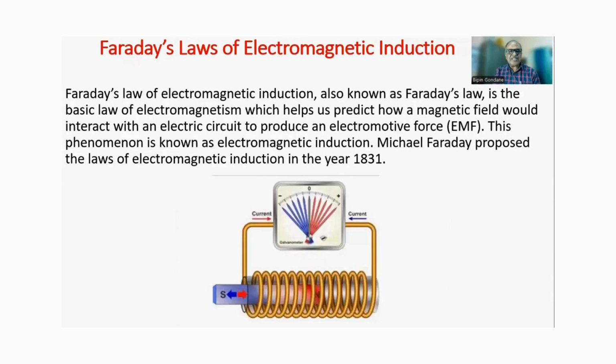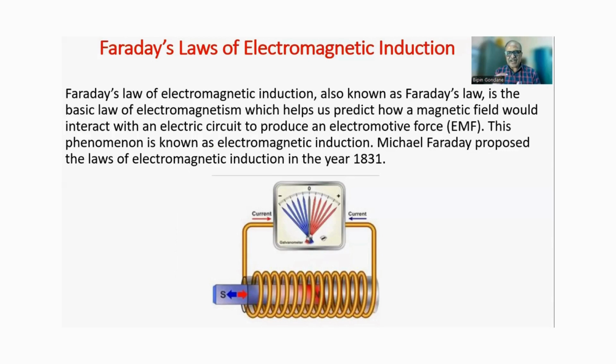The next is Faraday's law of electromagnetic induction. This is very important. You have different laws of Faraday, but electromagnetic induction is very, very important. It interacts with an electric circuit to produce an electromotive force.